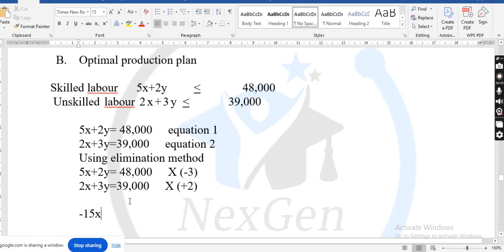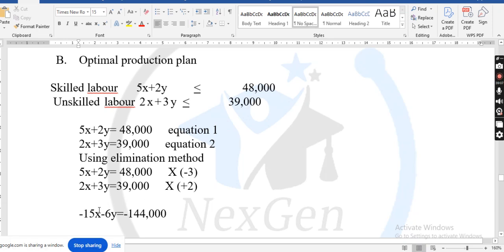Is that not so? So minus 6y equals to, now, minus 3 times 48,000. What do you have? Minus 144,000. So the next one, multiply 2.